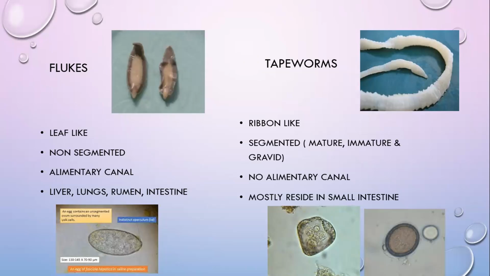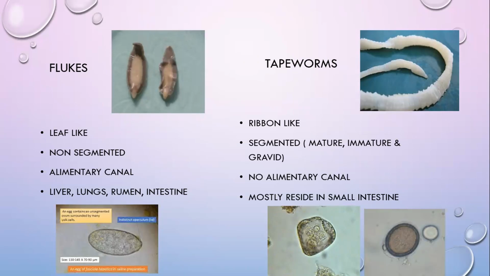Flukes are mostly leaf-shaped and smaller. Even the larger flukes are only about 4 to 5 centimeters, but tapeworms are longer, ribbon-like, which is why they are known as tapeworms, and they can extend even up to 4 to 5 meters.